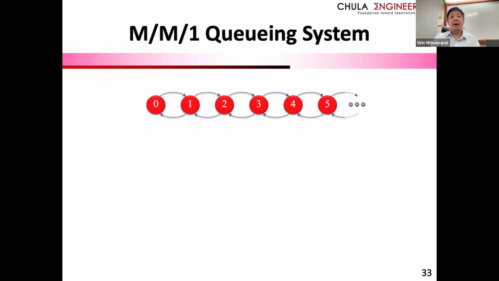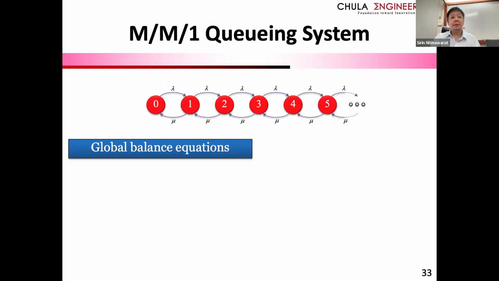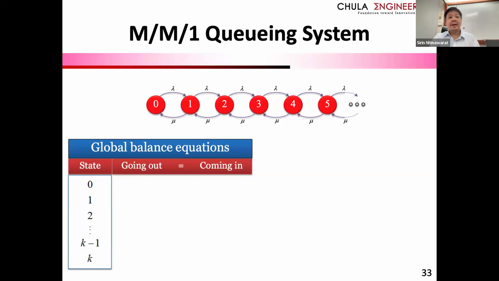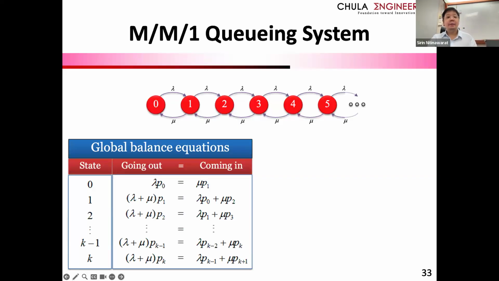So I have already written down the global balance equation for each state. Let me remind you again. For the first one, going out is P0 lambda, right? You can only come into the 0 state from 1. That happens with rate mu, right? For all the other states, the pattern is the same.